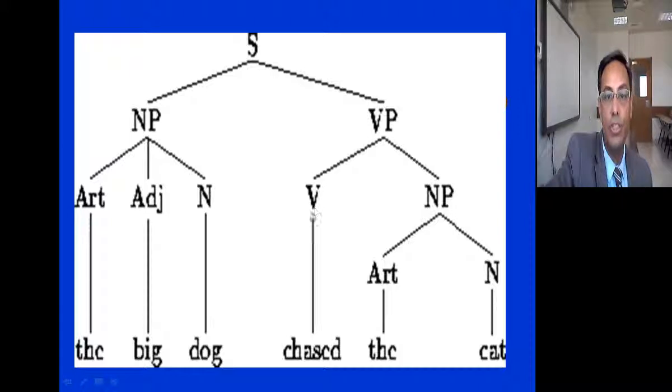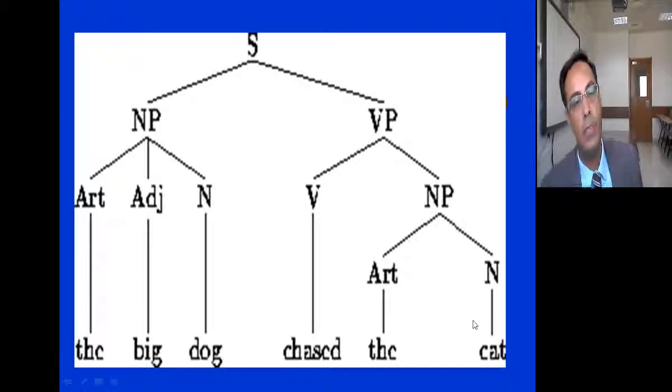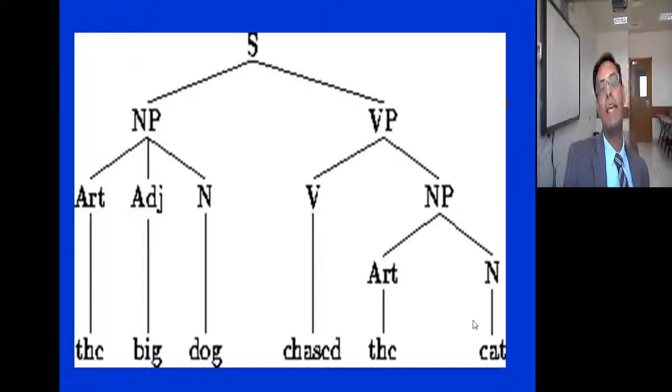The verb phrase is composed of the verb chased and the object, which is a noun phrase. So the verb and the noun phrase constitute the verb phrase. And of course, the second noun phrase, which is the object, is article plus noun, the cat. The whole sentence: the big dog chased the cat.